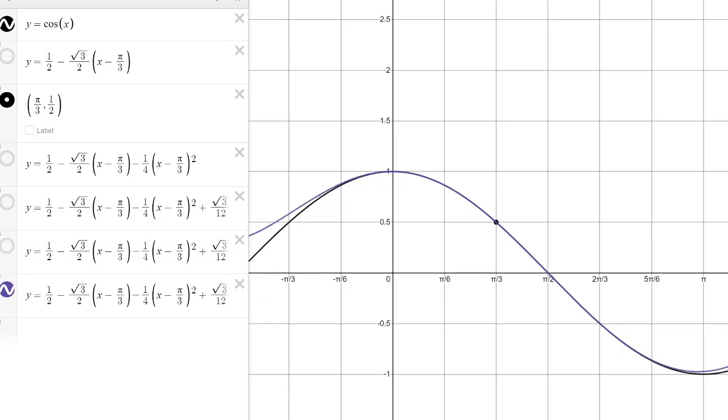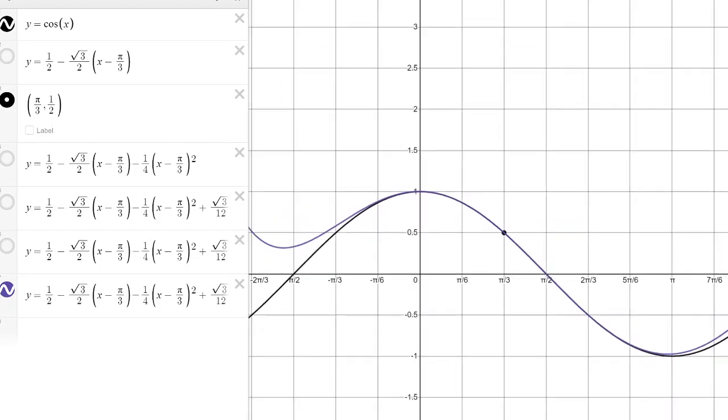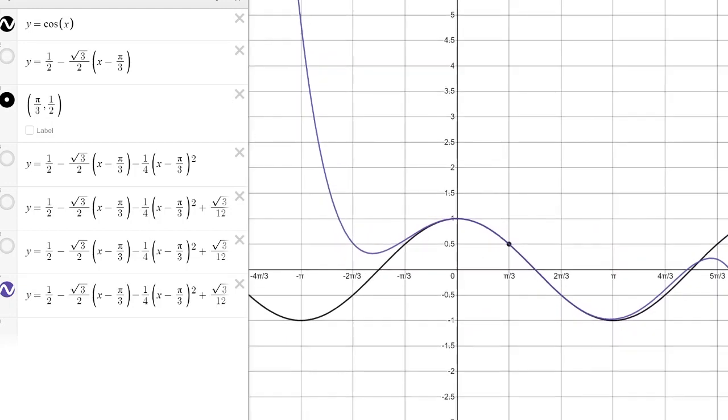And so we can see that these polynomials actually do a great job of approximating our original function. If we look further away, we can see that they really do get away from the graph, but near pi over 3, they do a really great job. And we get better and better approximations further away from pi over 3 as we use higher degree polynomials.